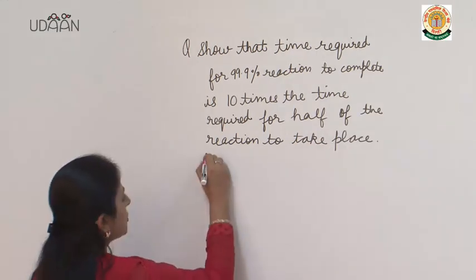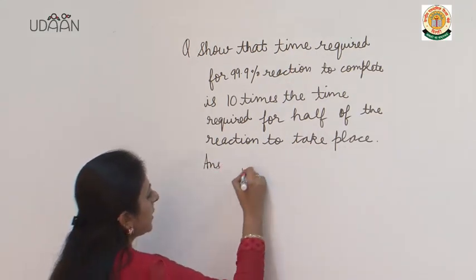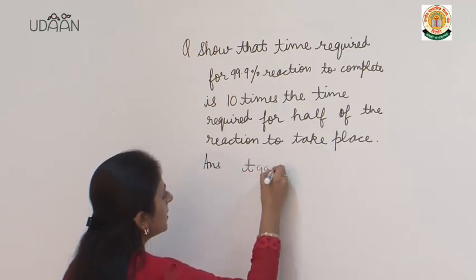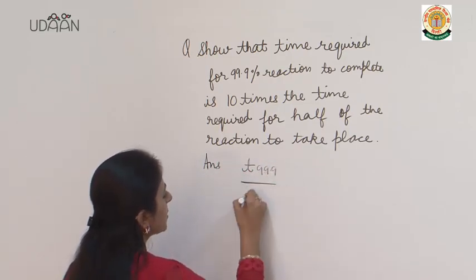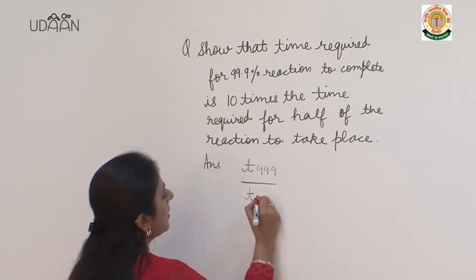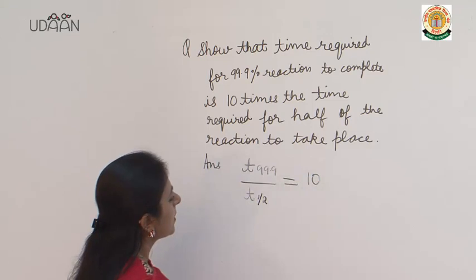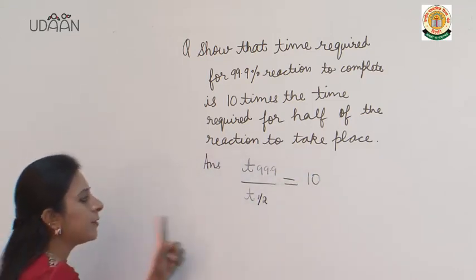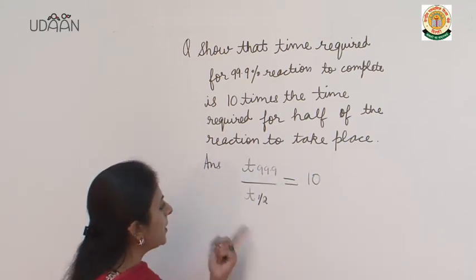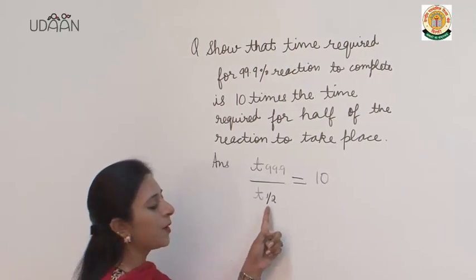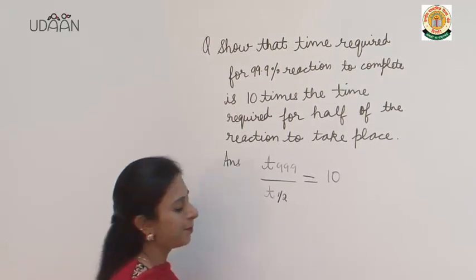Now what we have to show? We have to show that time required for 99.9% of the reaction to take place is 10 times the time required for half of the reaction to complete. That means T 99.9 upon T half is equal to 10.